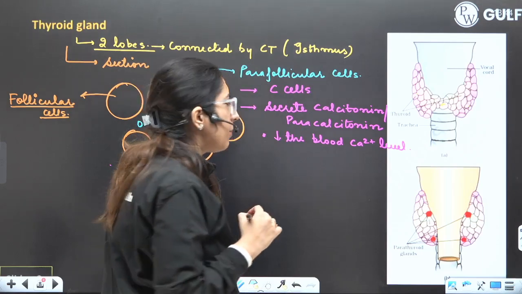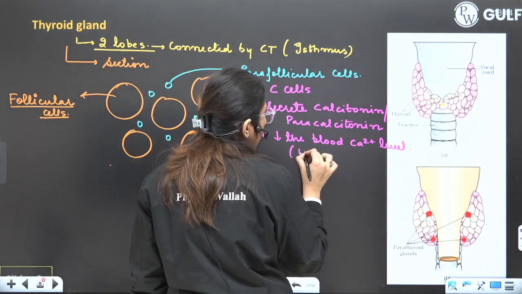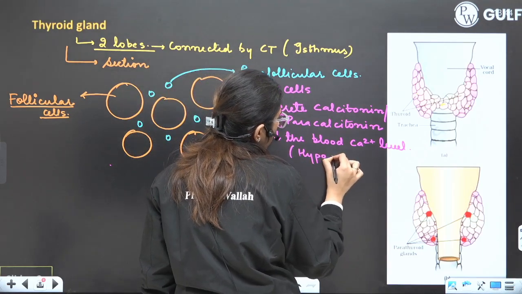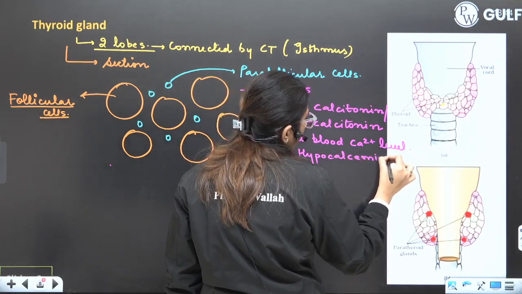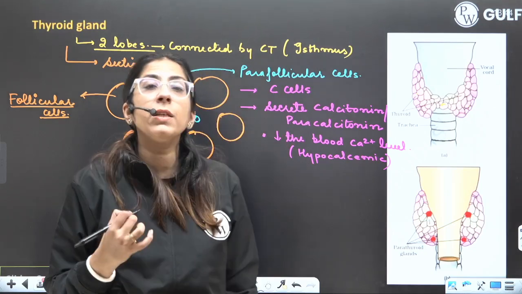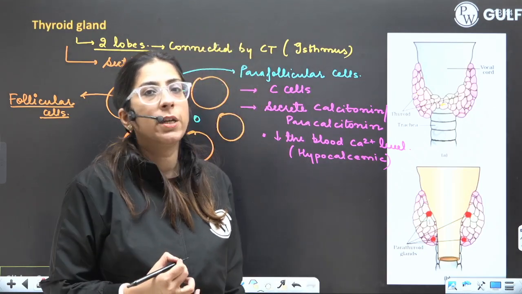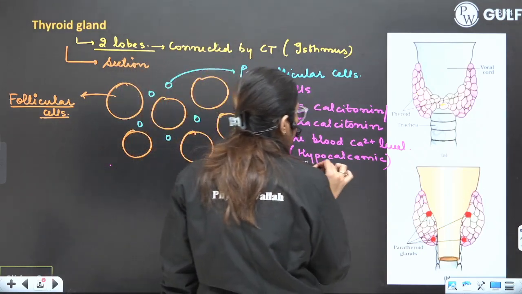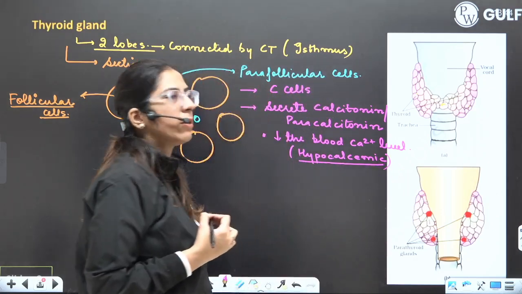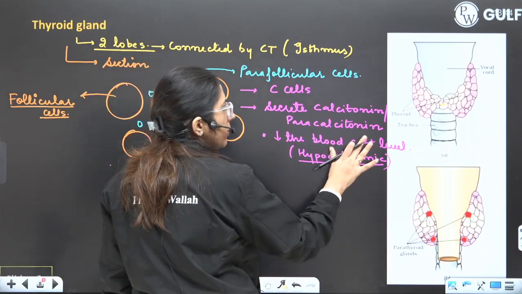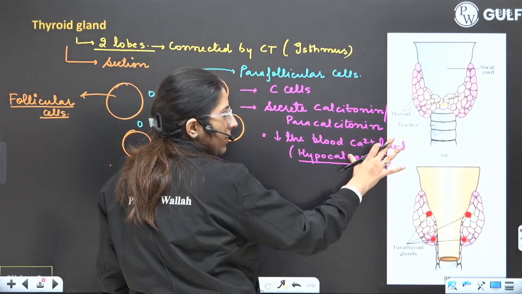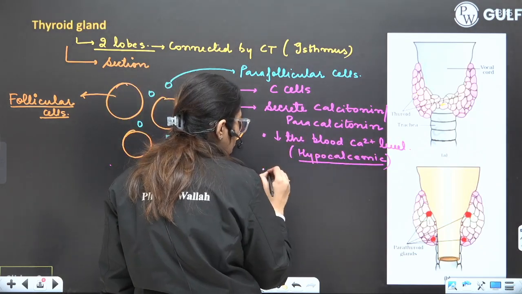How does it reduce the blood calcium level? This is basically hypocalcemic in nature. Hypo means less, calcemic means calcium. It reduces the blood calcium level. So where will this calcium go?